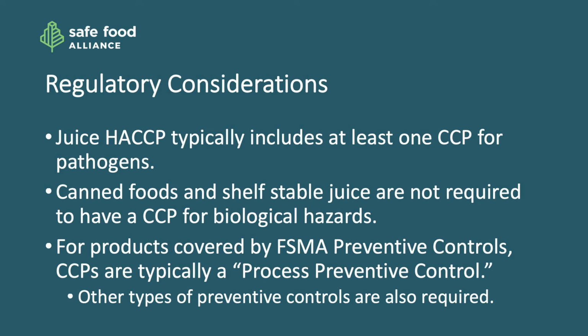Okay, the reason they may not include other hazards such as physical or chemical is that obviously there's been outbreaks as a result and recalls as a result of pathogenic contamination in juice products that FDA and that our industry has learned from past outbreaks and scenarios. So the rest of it really is dependent upon the supplier to customer relationship in terms of what physical hazards need to be controlled.